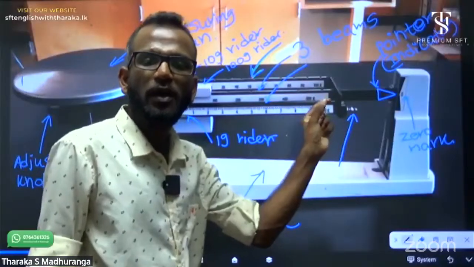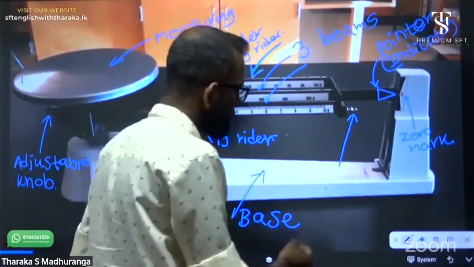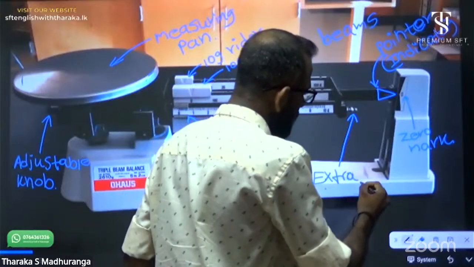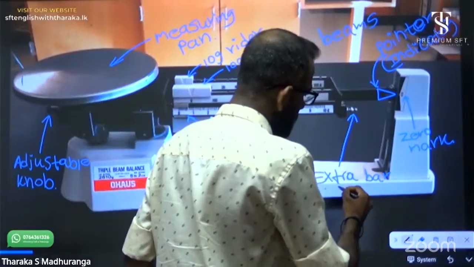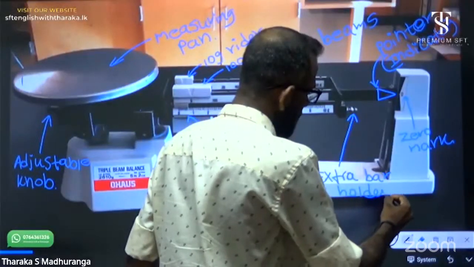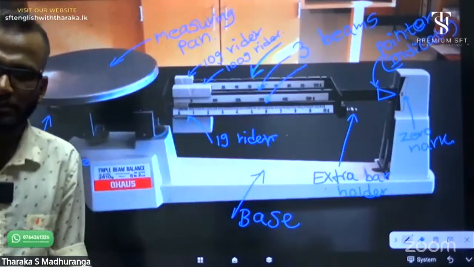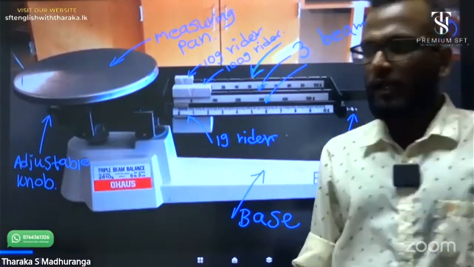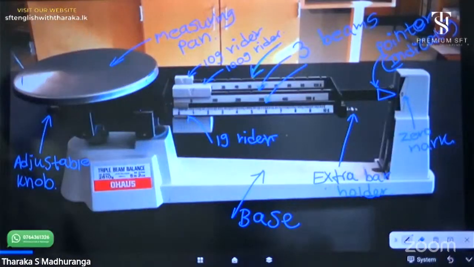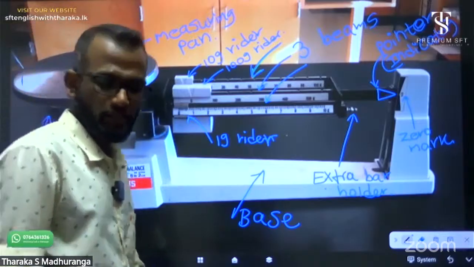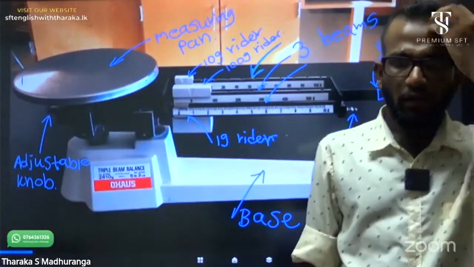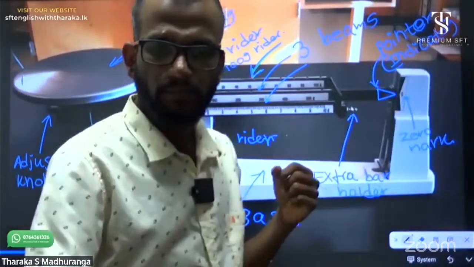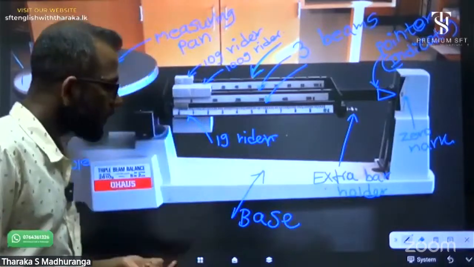This special part we call the extra bar holder. Can I erase?